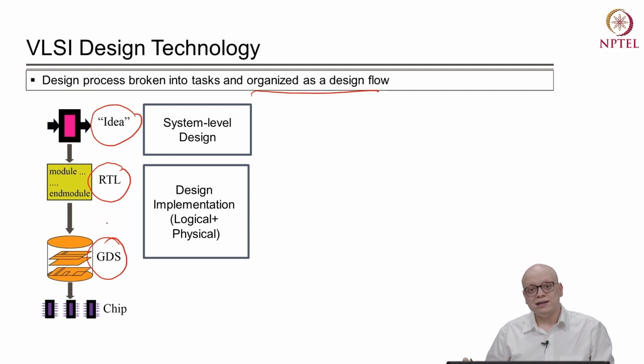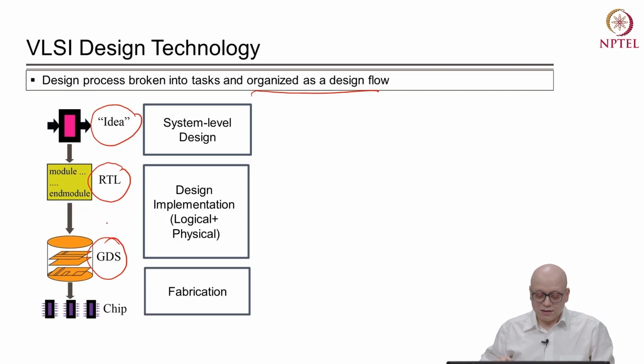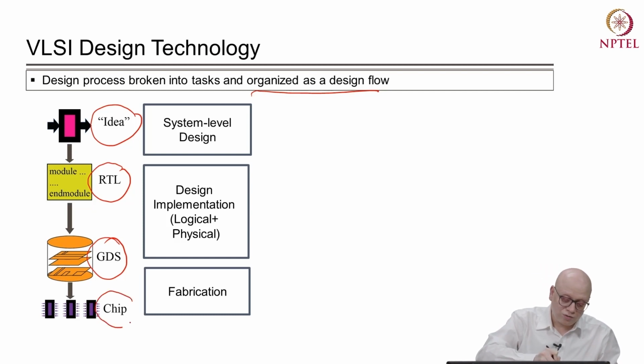So this layout basically contains all the design information, meaning what are the sizes of the transistors, how they are connected and how they are organized on the layout. And with the help of this GDS, we can do the fabrication, or we can send this GDS file to the fabrication unit, and they can fabricate the chip and we get the final chip out of it.